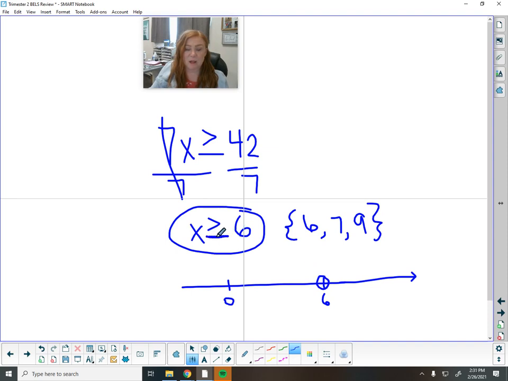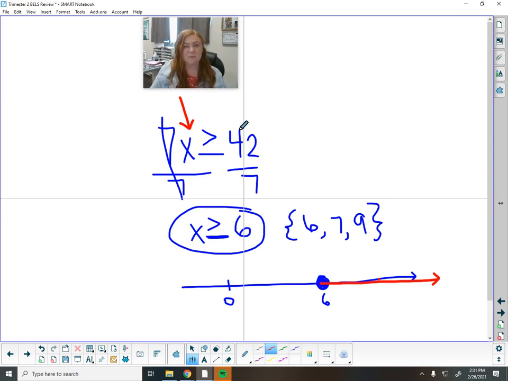I can see it's closed in here, so I fill that in. And then it could be 6, it could be 7, it could be 9. So my arrow on this one goes to the right to show that when I have 7 times x is greater than or equal to 42, this x has to be 6 or bigger.